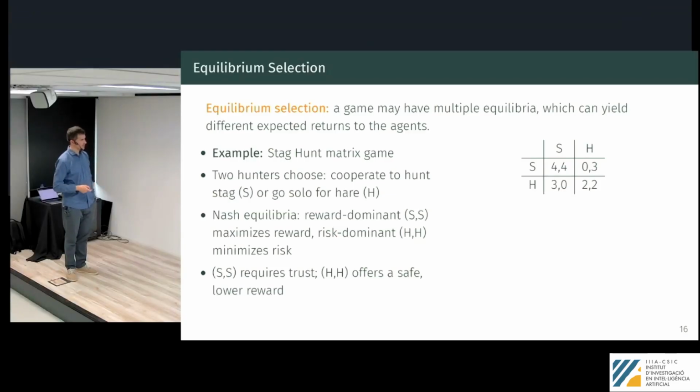So this is described here. The SS solution requires trust. It requires that they will in fact stick with SS, whereas the HH solution offers a safer, lower reward. It's safer in the sense that if someone is trying to screw you up, your reward won't drop quite as much as it would have by deviating from SS.